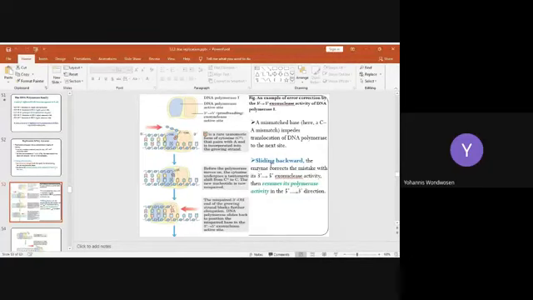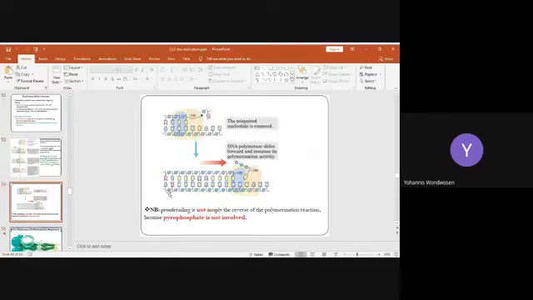So the DNA polymerase can slide back, and the enzyme can correct the mistake in the 3 prime to 5 prime direction by using its exonuclease activity. Then it can resume its polymerase activity in the 5 prime to 3 prime direction after this mistake has been resolved.